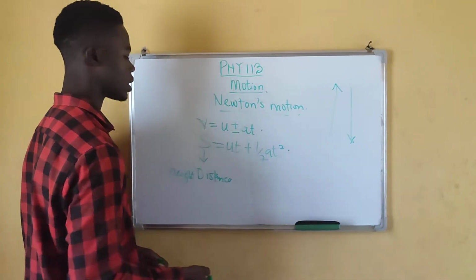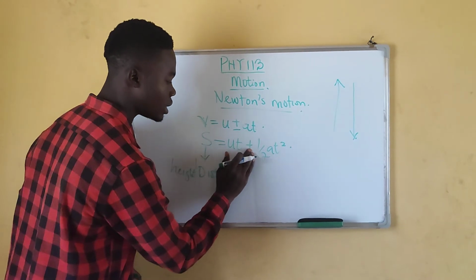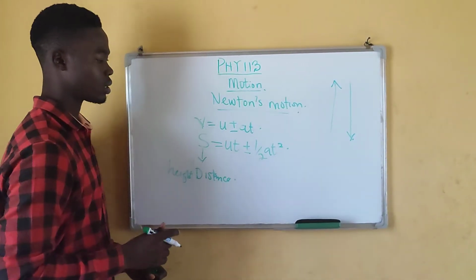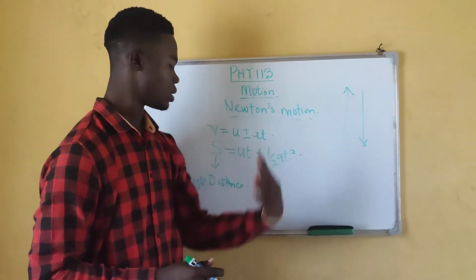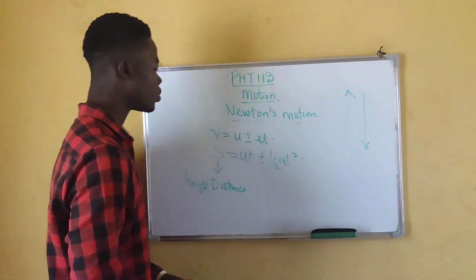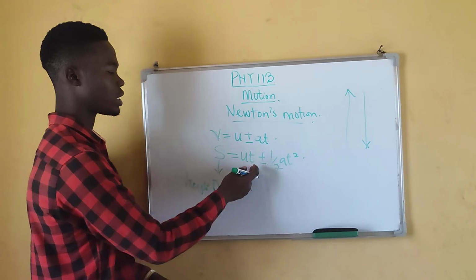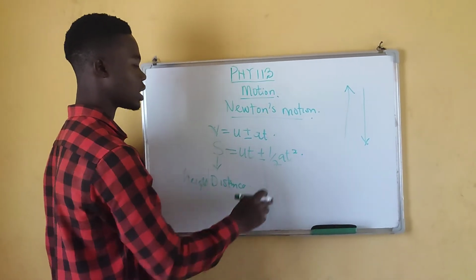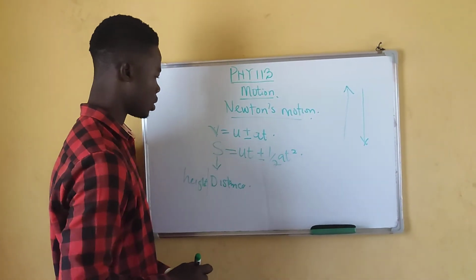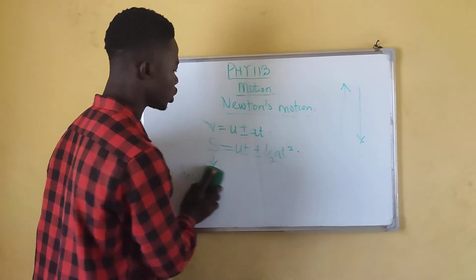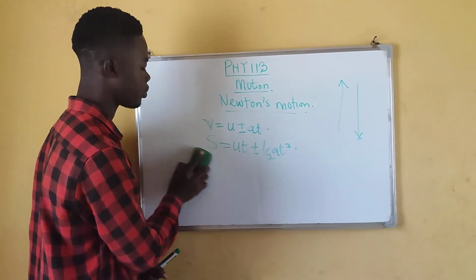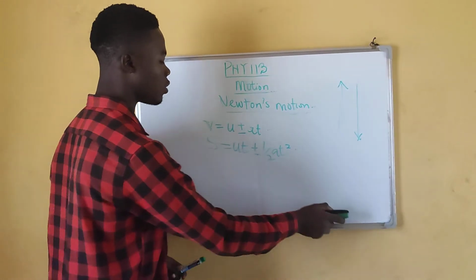This one is also plus or minus. Since you are saying acceleration, it can accelerate or decelerate. So we have the initial velocity, we have the time, we have the acceleration. So I believe those are the basis for the equations of motion.